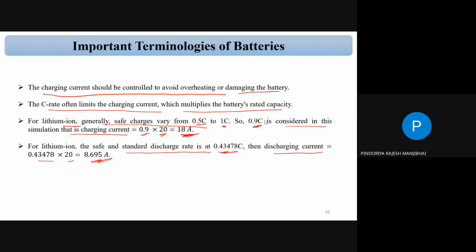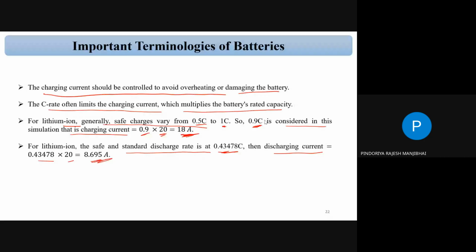There is an R&D department. While designing a cell, they charge and discharge the battery multiple times, and they note down the time period. After noting it down, they get the data, and then they decide the C rating.